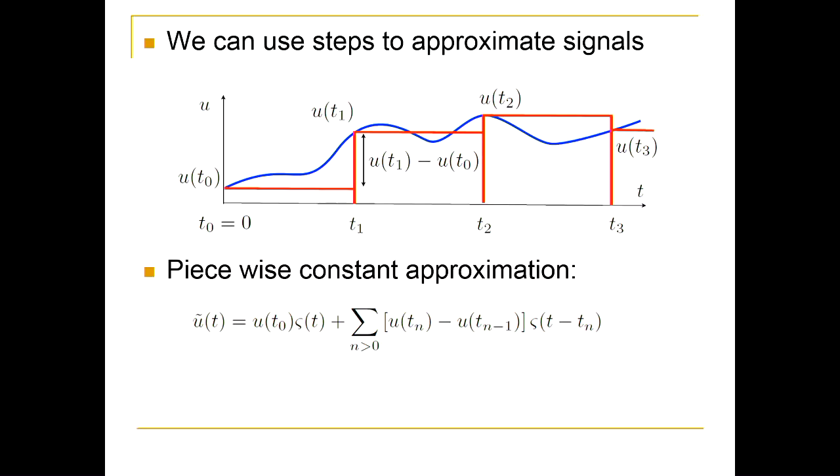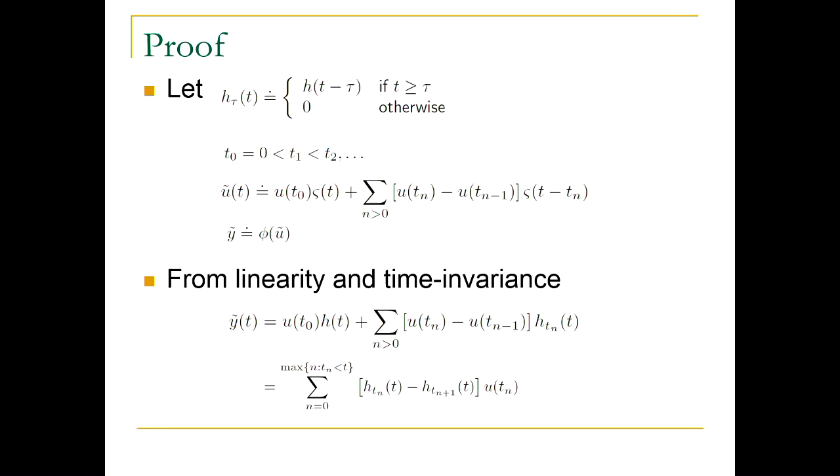But as these time instances, tn, get closer and closer together, in the limit this u tilde really tends to u, right? But in the meantime, I will just use u tilde to derive some useful equations, in order to derive the convolution equation.